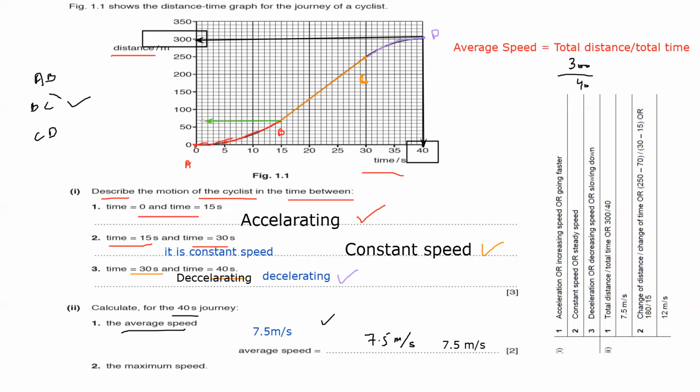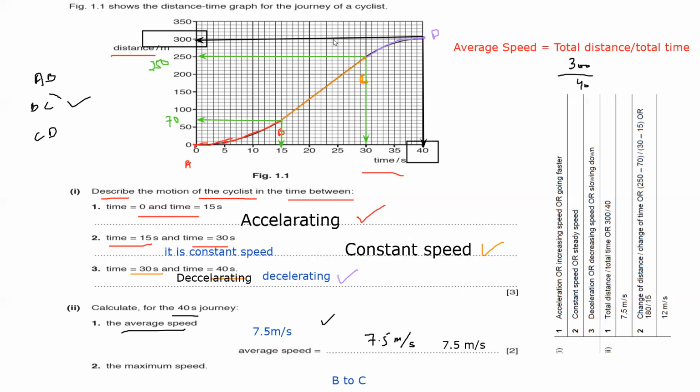At point B, it is at the 70 mark. At point C, it is the 250 mark. And for the time from B to C, at B it was 15 and at C it is 30.